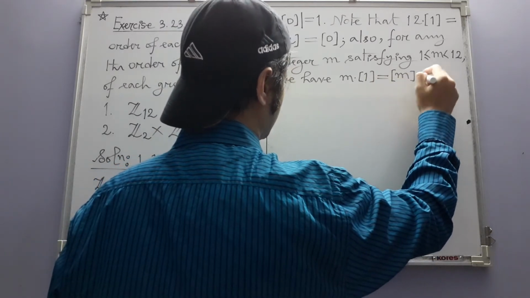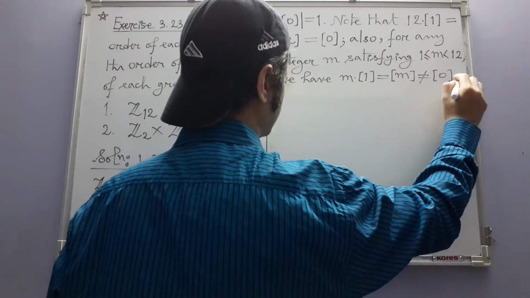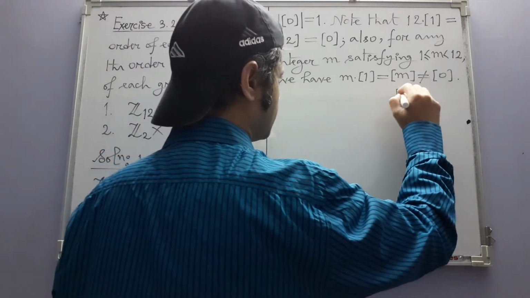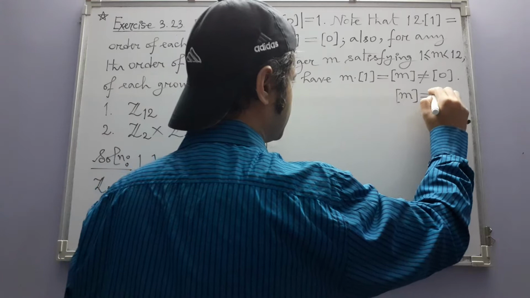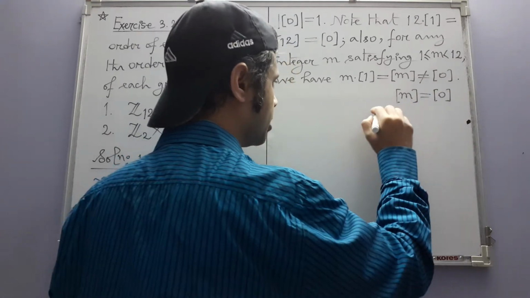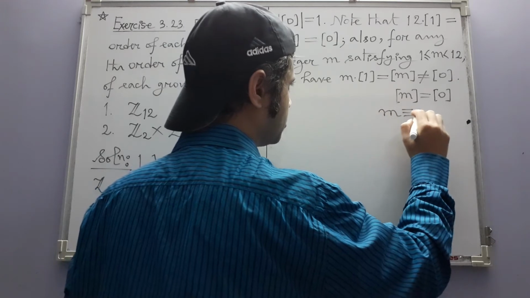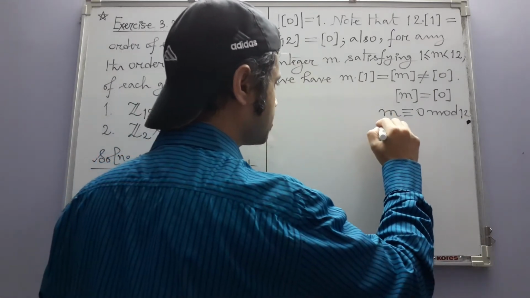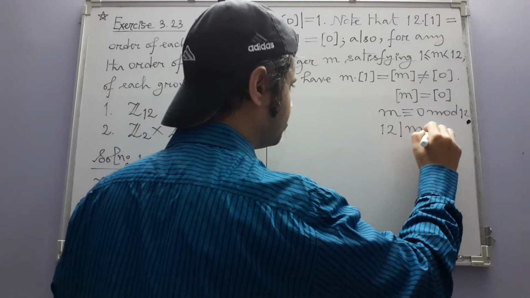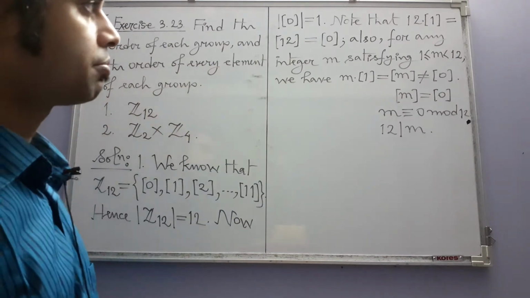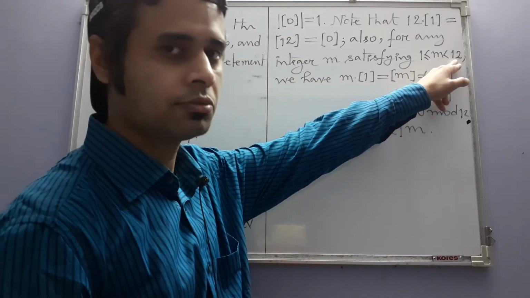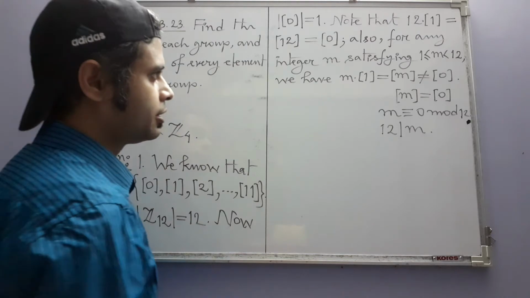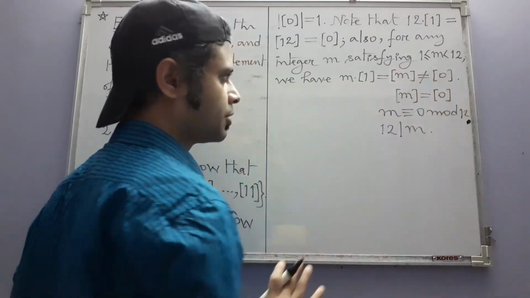This, however, is not equal to the identity element, the zero congruence class. Do you see why? That is because for this to happen, we should have m congruent to 0 mod 12, or in other words, 12 has to divide m. That, however, is not possible because m is strictly less than 12 and it is a positive integer. So how can 12 divide m? That is why this will never become equal to 0.